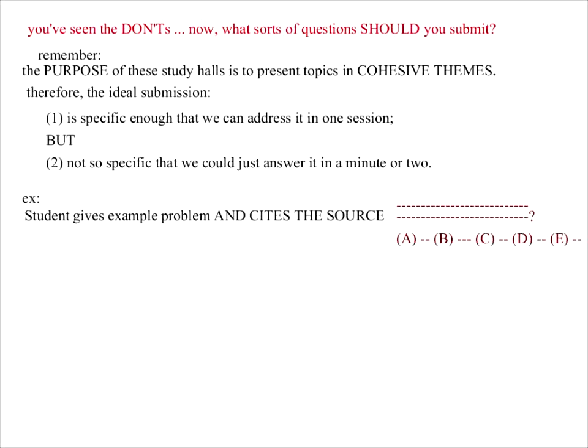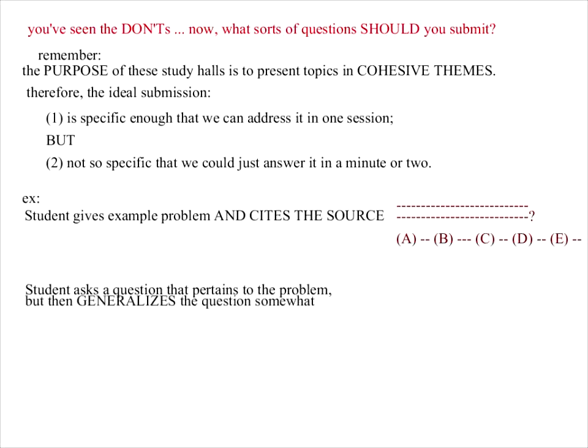Then the student asks a question that pertains to the problem, but then generalizes the question somewhat. On a problem like this, a student could ask something like, how do I decide between the modifiers in choices like B and D?